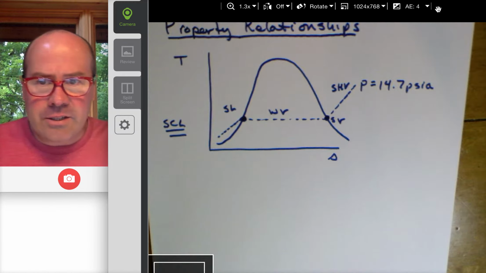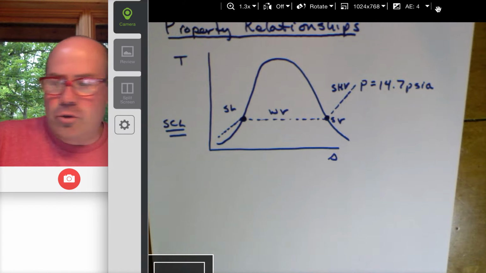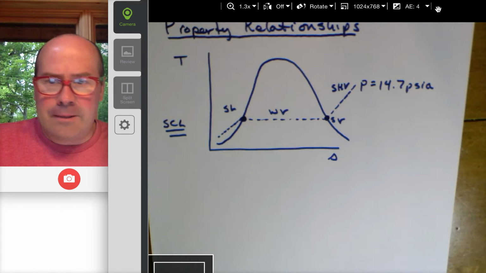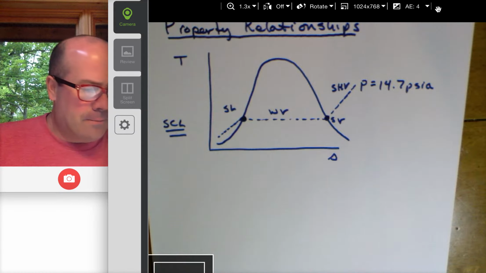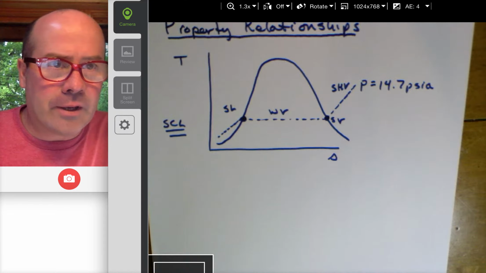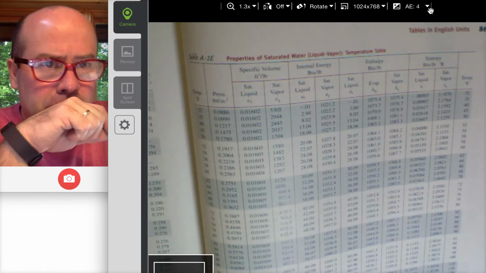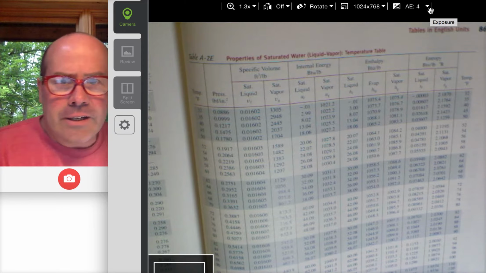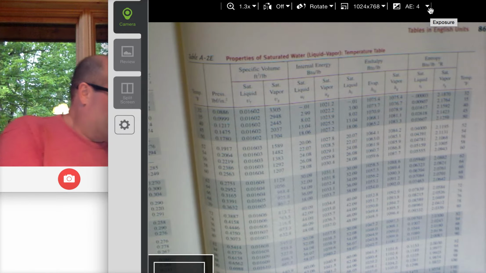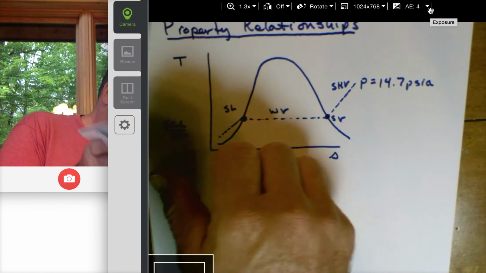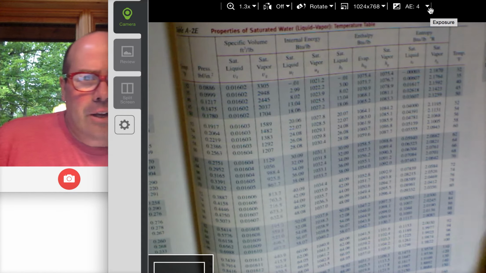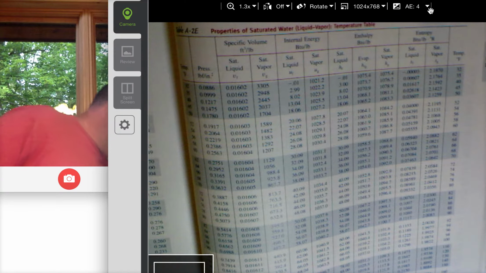So I'm going to ask you to turn to table A2E, and I will do the same. So this is table A2E. The important things to note are the name of the table, its properties of saturated vapor.